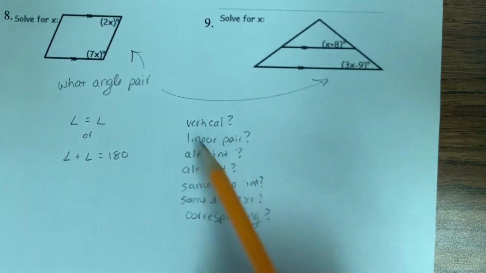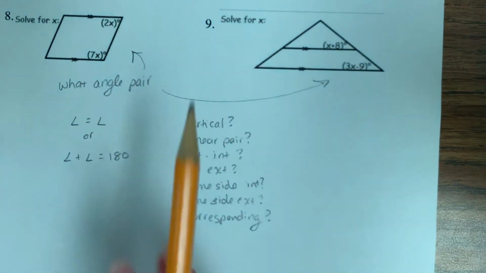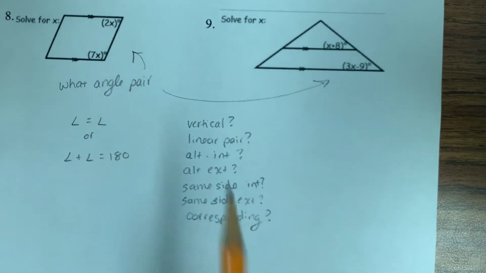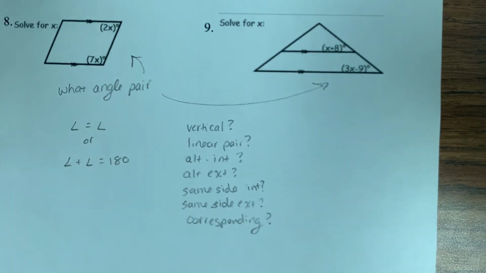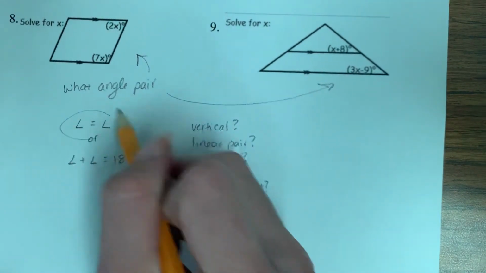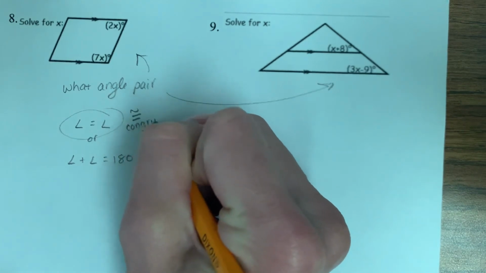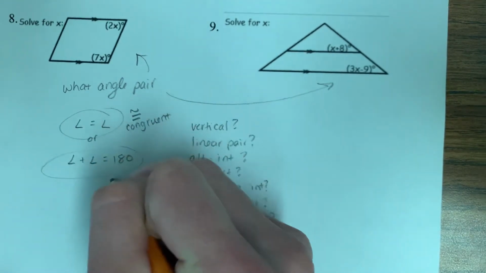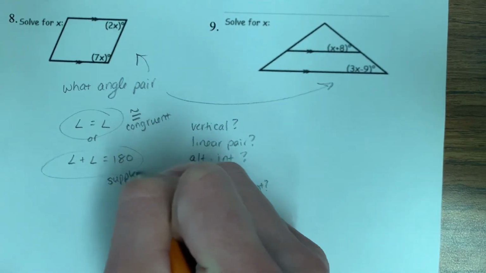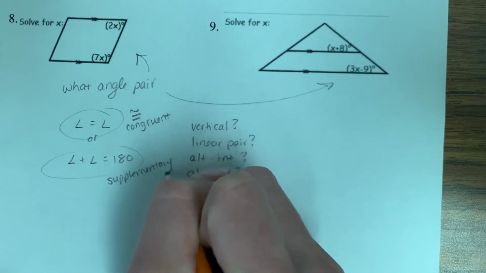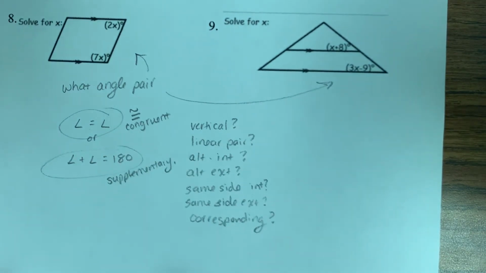So the question marks are like, okay, well, what angle pair is it? Once you figure that out, you can decide whether they should be set equal or they should equal 180. Remember, you use this when they are congruent and use this when they are supplementary. And I'll go over the rest of it in class tomorrow.